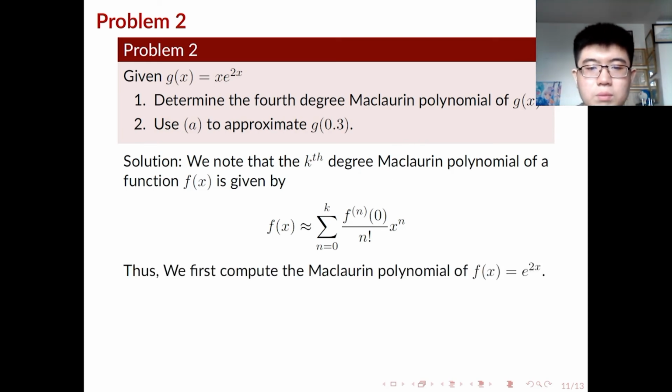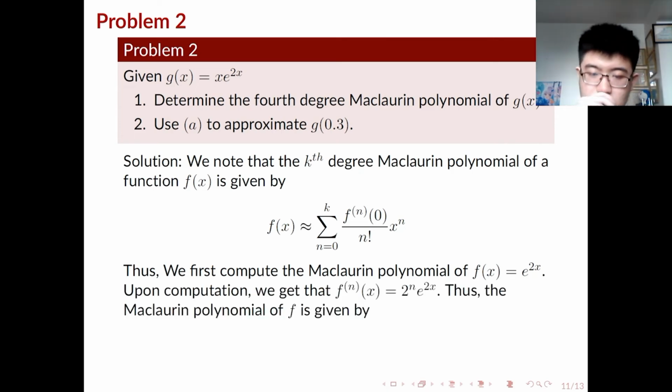So first, we compute the Maclaurin polynomial of e^(2x), since x is a polynomial, particularly a linear function. Upon computation, we get that f^(n)(x) is given as 2^n times e^(2x). This can be computed by brute force.